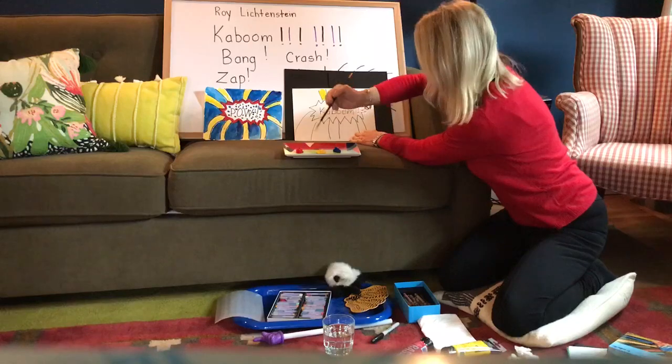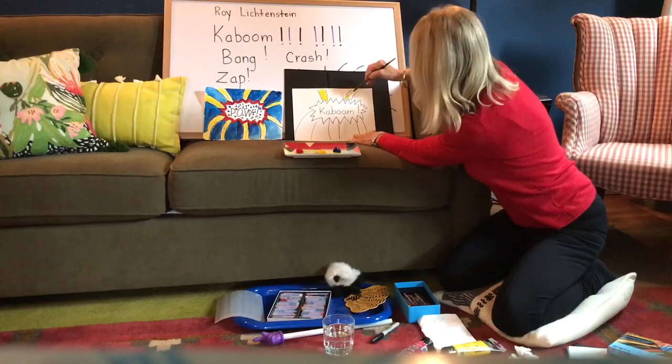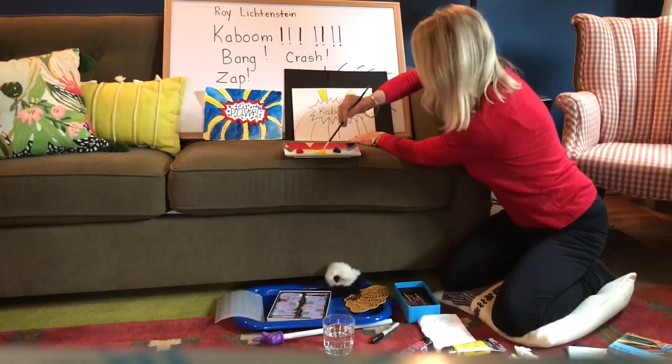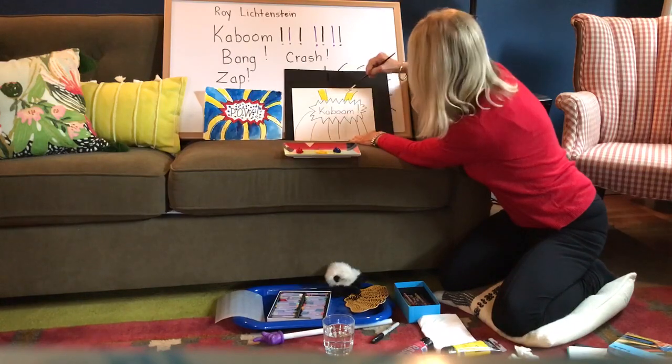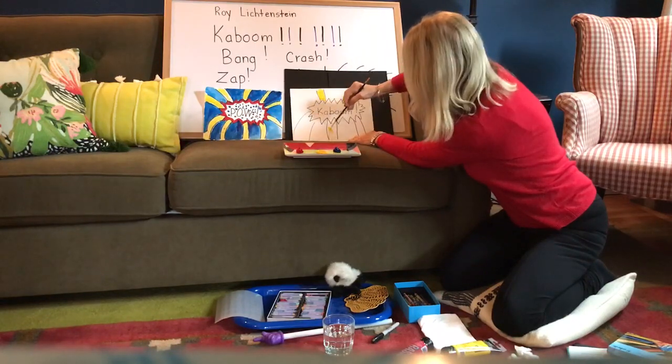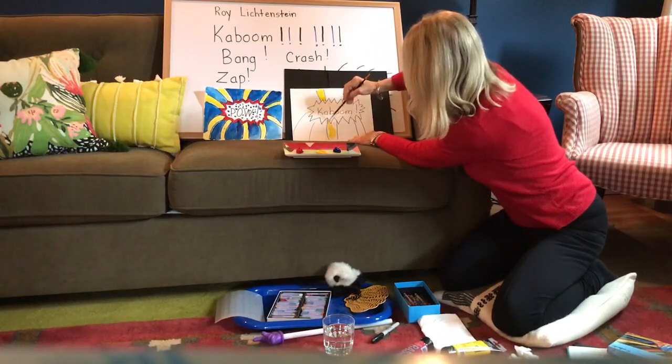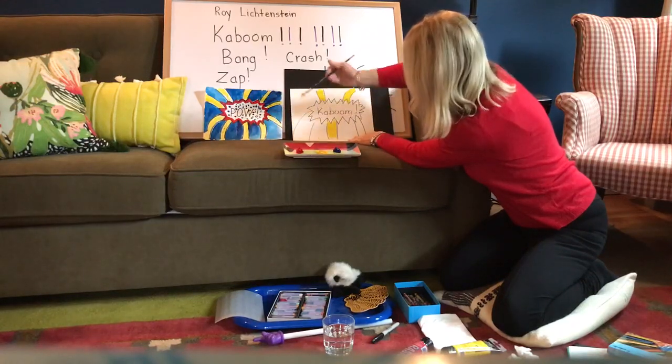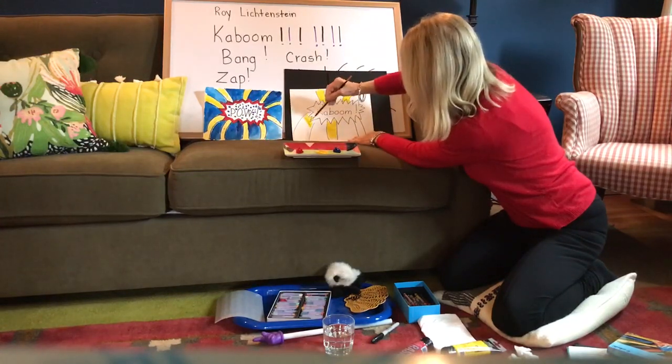You see that? Fill in the paint. Okay, there we go. I'm going to do it pretty quickly so that we can get on to the next activity here. All right, one more.